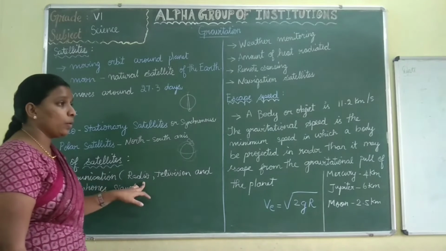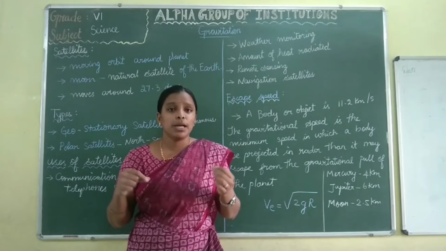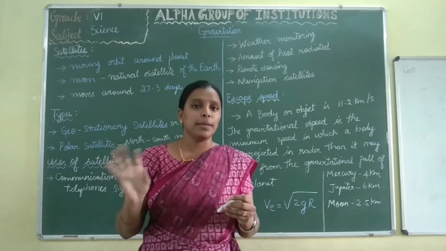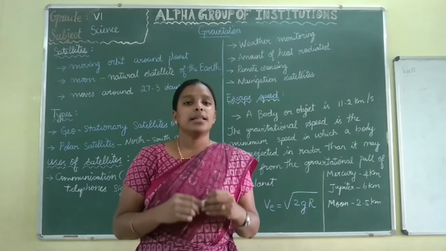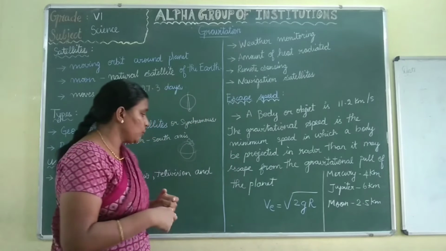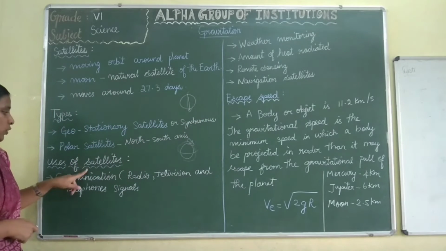In the radio. You will have a radio, no? In your phone itself, you just plug in your headphones and the radio automatically comes on. You will be able to hear all the songs, right? Then televisions, mobile phones, and all the electronic gadgets you are using come under communication, which is a use of satellites.